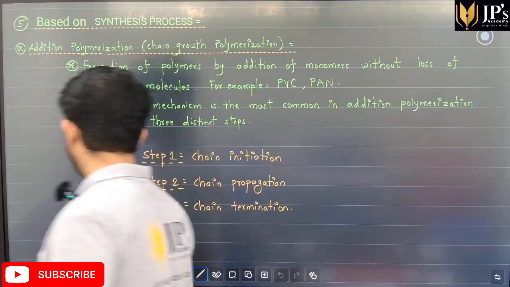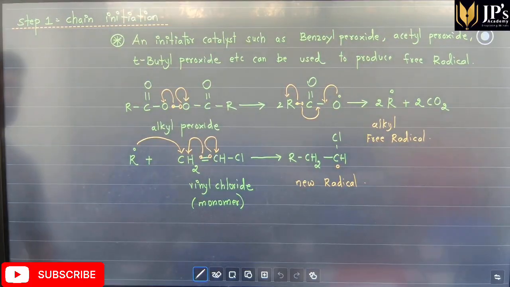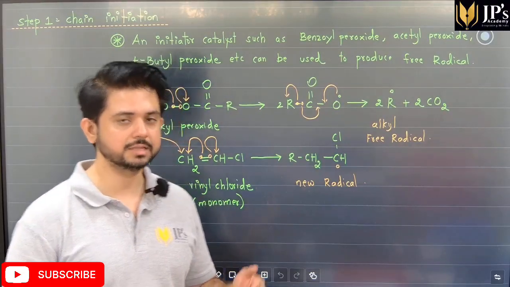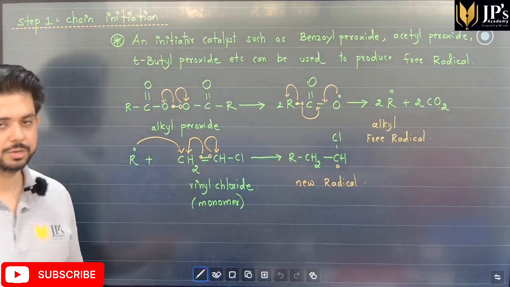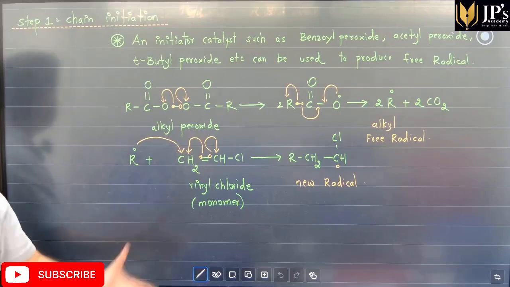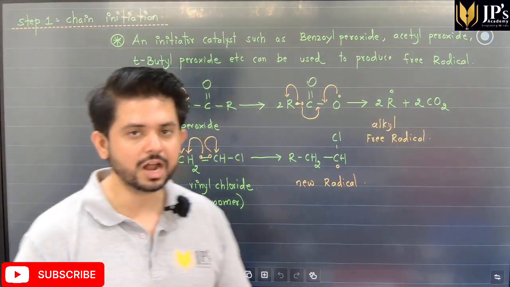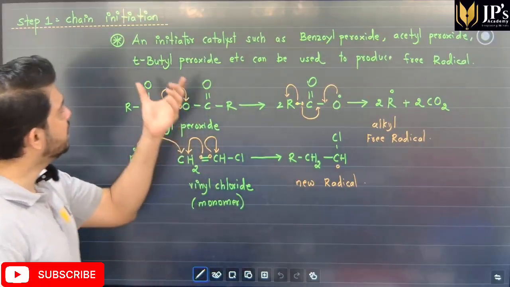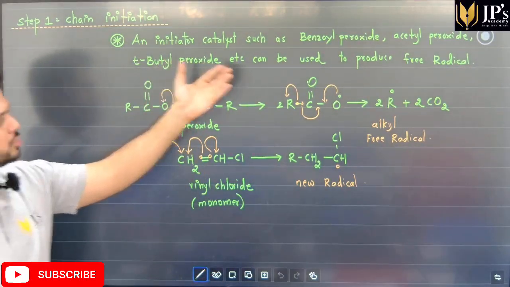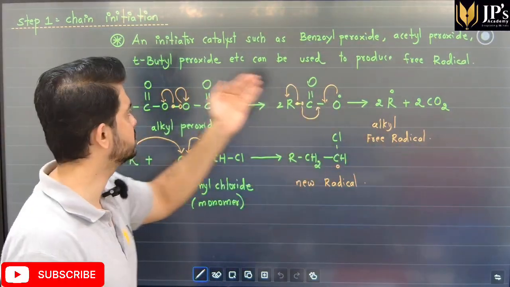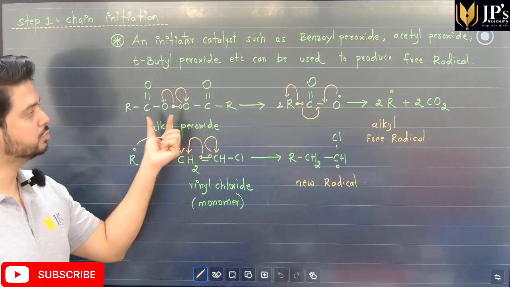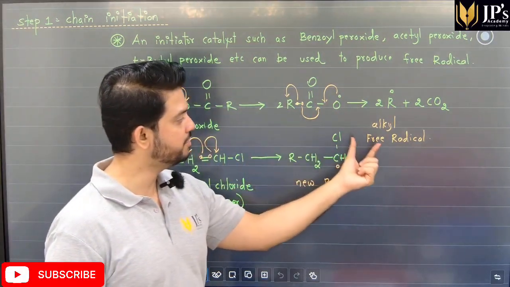Now let's start by understanding what are the different steps taking place in free radical mechanism or addition polymerization. Chain initiation: to start the chain, we need a peroxide. An initiator such as benzoyl peroxide, acetyl peroxide, tertiary butyl peroxide is used, and it produces a free radical.